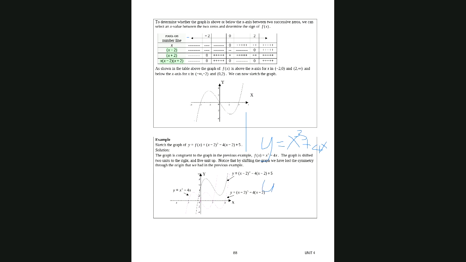You remember that we have already sketched this graph. We sketched a graph like this.